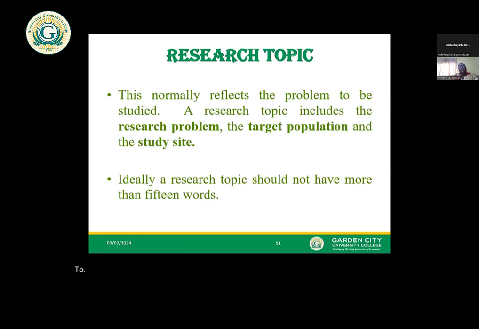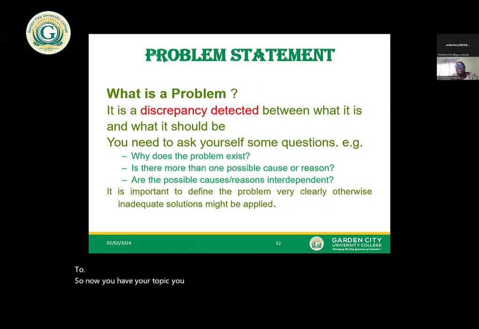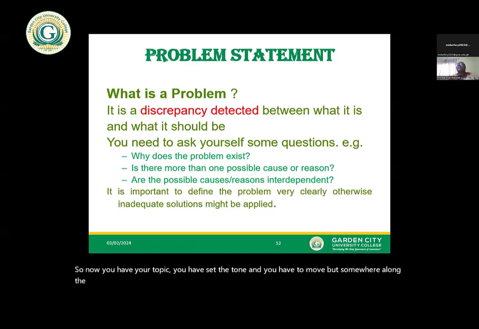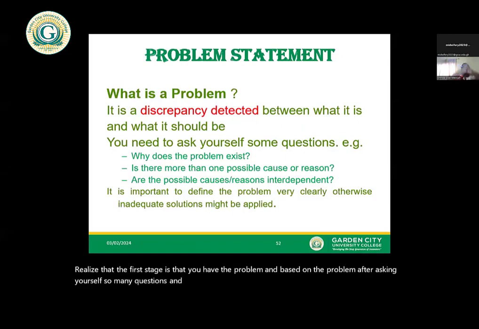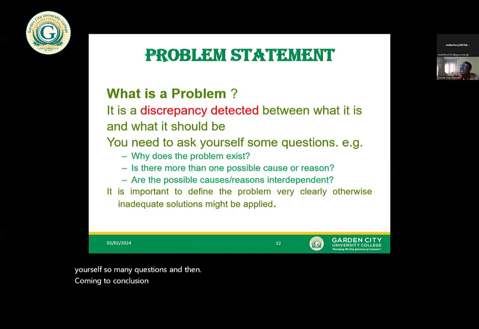So now you have your topic, you have set the tone, and you have to move. But somewhere along the line, you need to tell us the problem that brought you to this topic. Realize that the first stage is that you have the problem. And based on the problem, after asking yourself so many questions, and then coming to the conclusion that these questions that I've asked, I have no answers for, and it has ignited my curiosity, and therefore I am going to look at so and so.